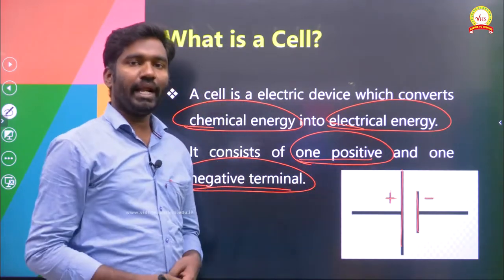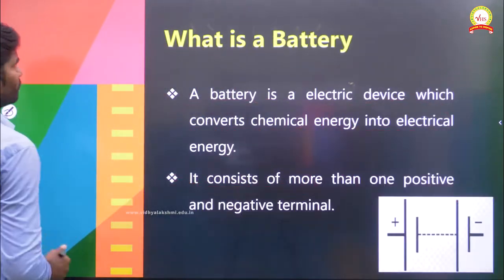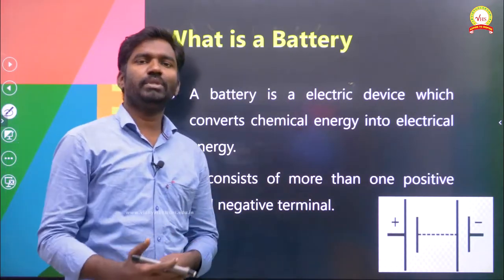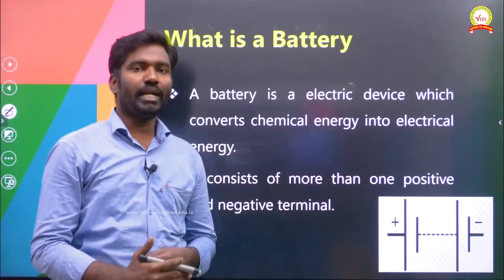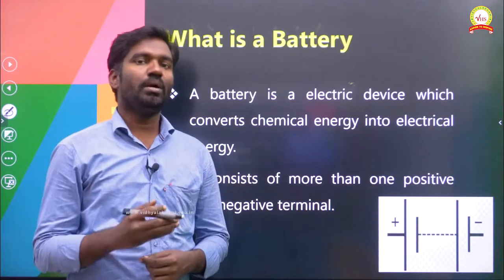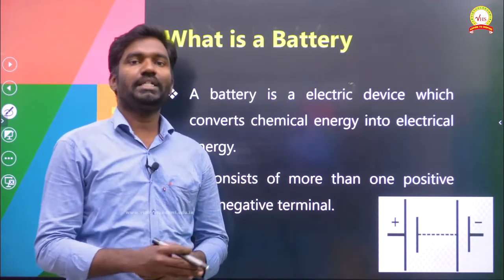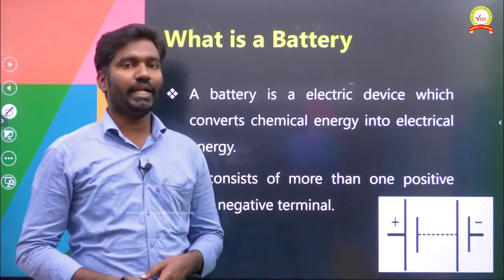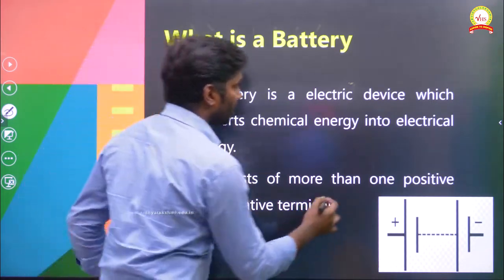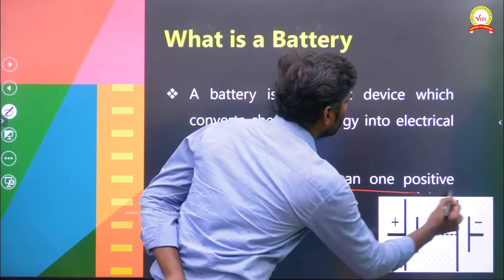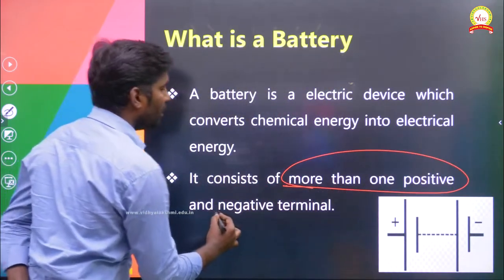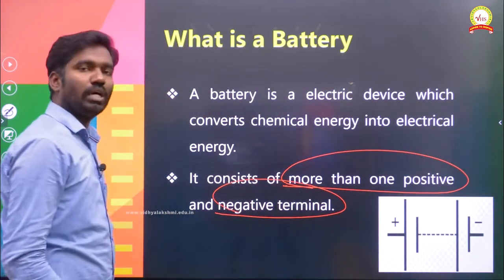So the battery, here also it is the same thing, it also converts the chemical energy into the electrical energy. But what is the only difference between the cell and the battery? A cell has only one positive and one negative terminal, whereas a battery consists of more than one positive terminal and negative terminal.